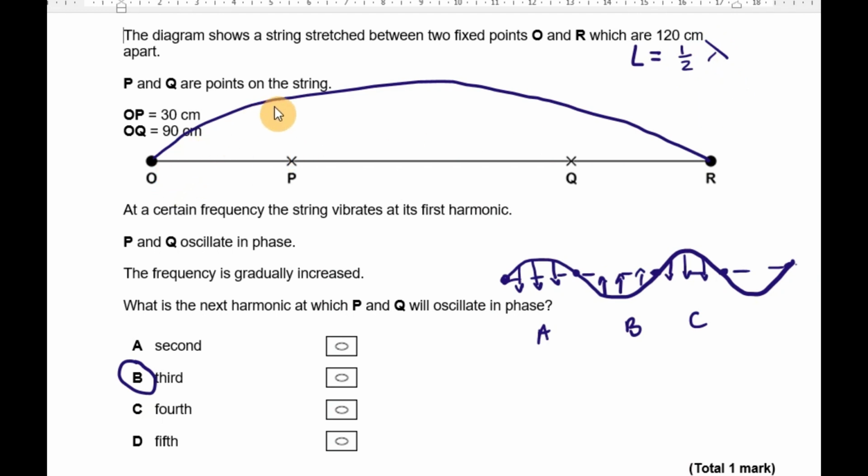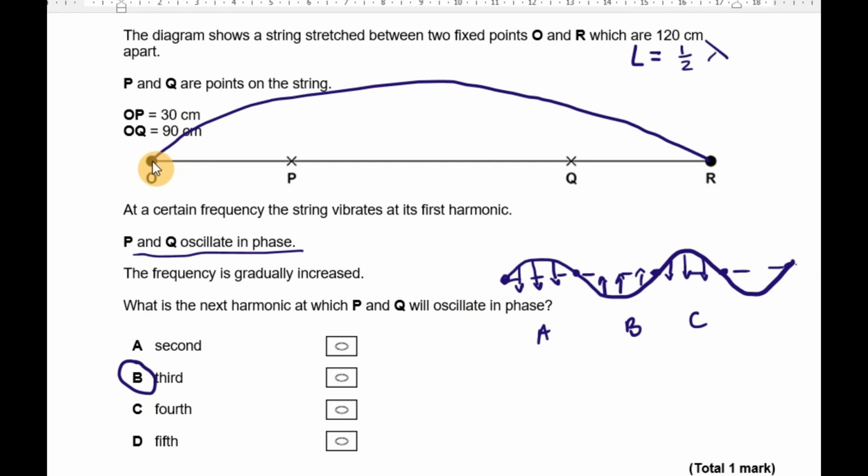You can see that is just half a wavelength. Well, P and Q are going to be oscillating in phase with each other, which we're told as well. P and Q oscillate in phase. The frequency is gradually increased. What is the next harmonic at which P and Q will oscillate in phase?